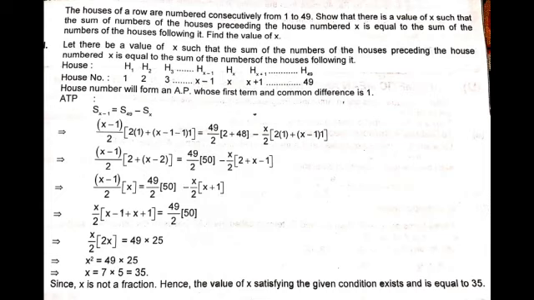Here in this question, the house numbers are given from 1 to 49. Let us consider you live in a colony where the house numbers run from house number 1 till house number 49, and your house number is x.